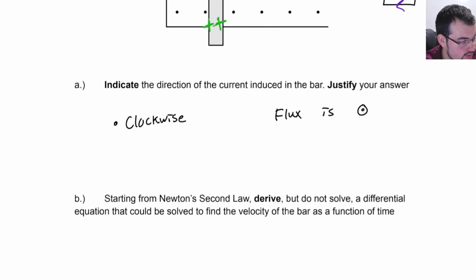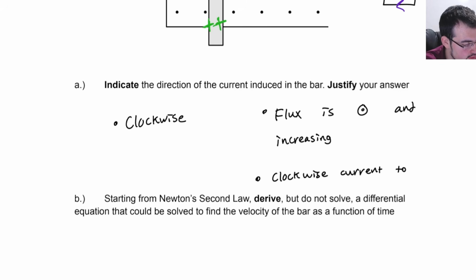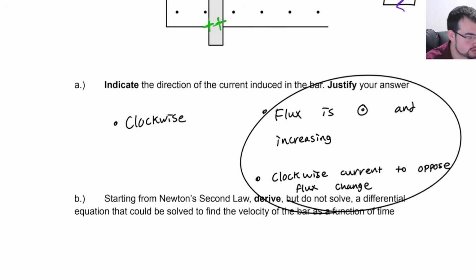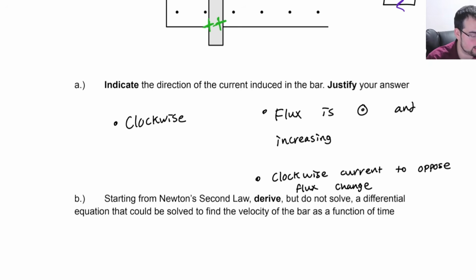Flux is out of the page and increasing, so clockwise current to oppose the flux change. This is how you structure a Lenz's law derivation. Say the flux is increasing, state the flux change is being opposed, and put it all together.